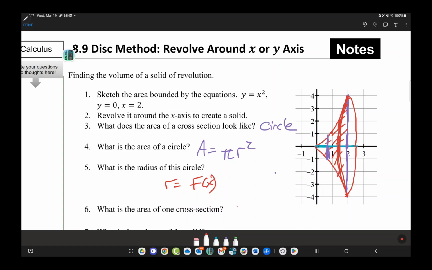In this case, the radius is y, which is f of x. The radius is the y value, which we find in terms of x. So whatever my function is, that's the radius. Generally, we call this r of x, for radius in terms of x.